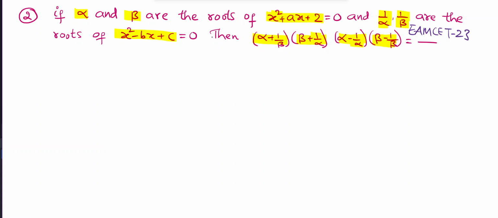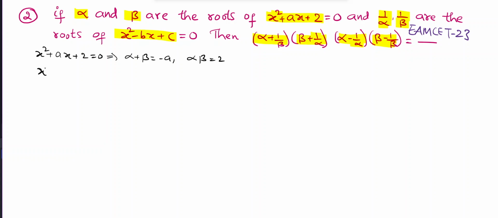So here is given alpha and beta are the roots of x square plus ax plus 2 is equal to 0. For this, alpha beta are the roots. That means alpha plus beta is equal to minus a, and alpha beta is equal to 2. For the second equation, 1 by alpha, 1 by beta are the roots.